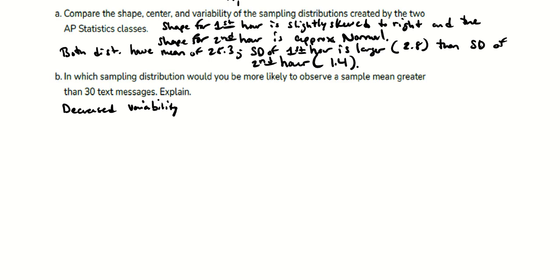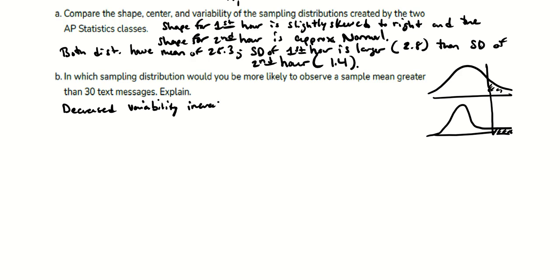Okay, because if you think about it, if something is wide and you have a certain value, it's going to be a decent probability. If something is skinny and you have the same value, it's going to have a smaller probability. See that? Smaller, larger. So increased variability means wider, which increases the probability.